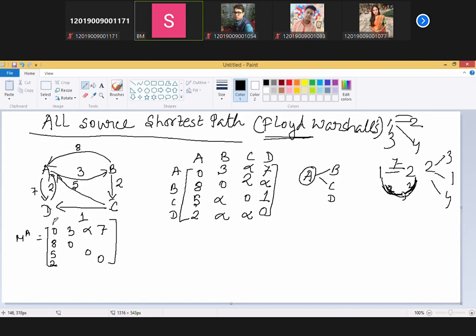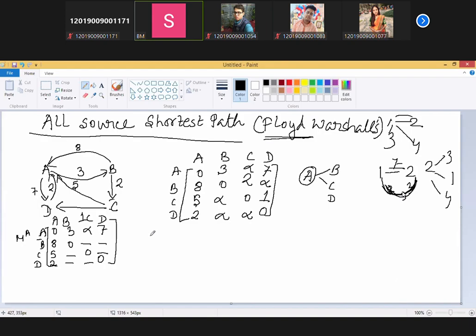Okay. This side is A, B, C, D. What are the things you need to find? You need to find these many entries.